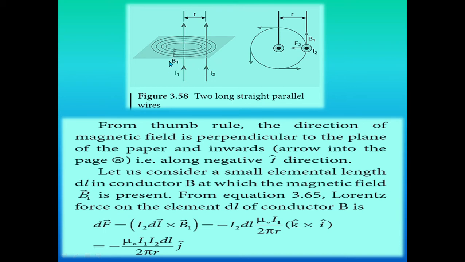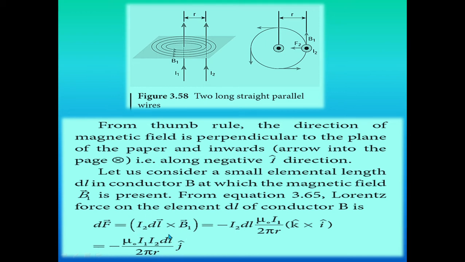The magnetic field formed in conductor A is due to the current I2 passing through conductor B. This current produces some amount of magnetic force, and this force acts on conductor A. That is why the formula can be written as dF vector is equal to I2 into small element length dl vector cross the magnetic field B1 vector.